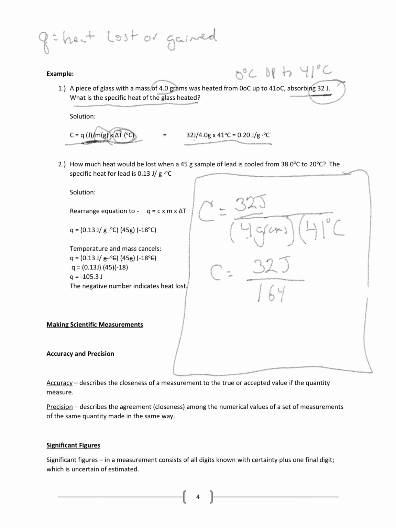Now we're not losing our units, nothing cancels out, so we have grams times degrees Celsius. Then we're going to divide 32 by 164. Let's see if my math is correct.